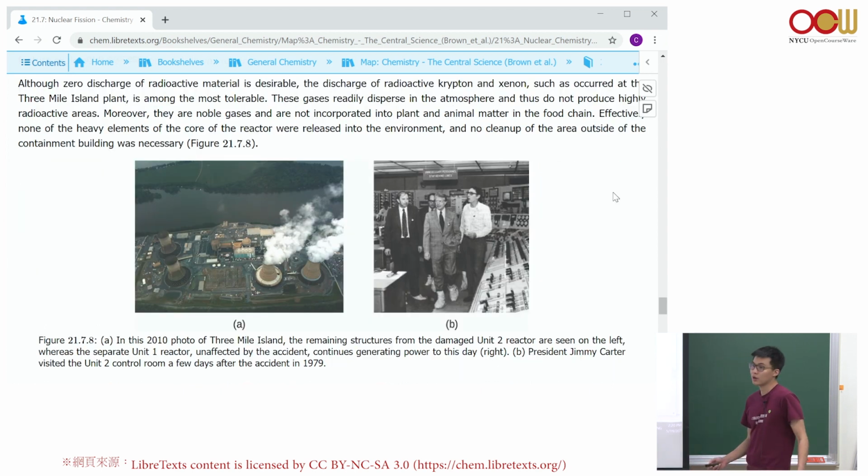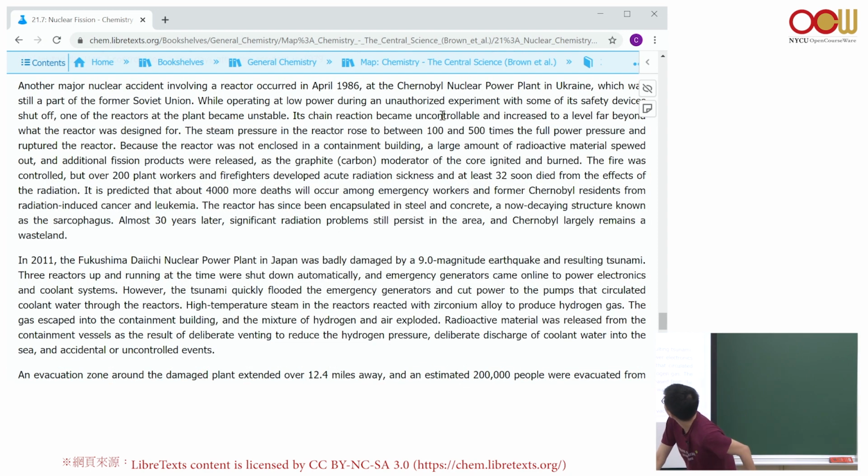And I know we talked about nuclear fission and how it creates two elements, krypton and xenon, right? These are gases, so of course they will just run away. But the good thing is they're noble gases, so they cannot go into our life cycles. This one is also a pretty famous nuclear accident.